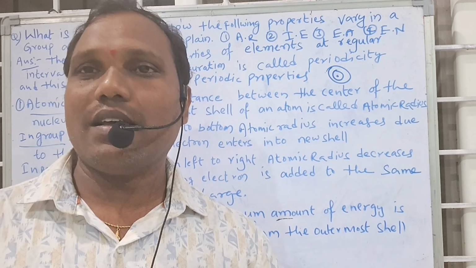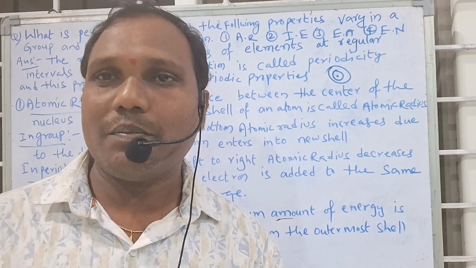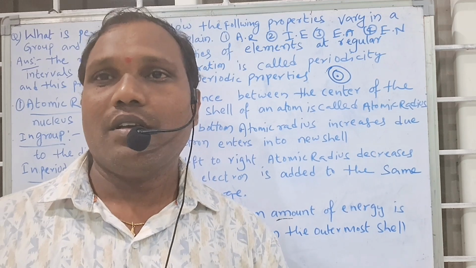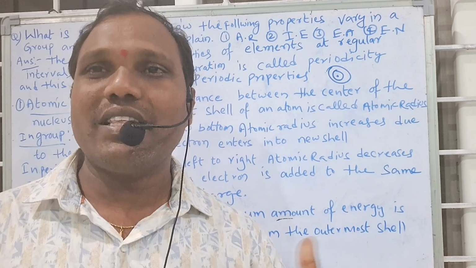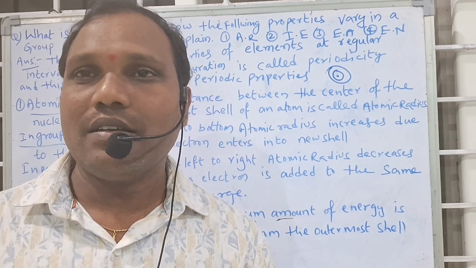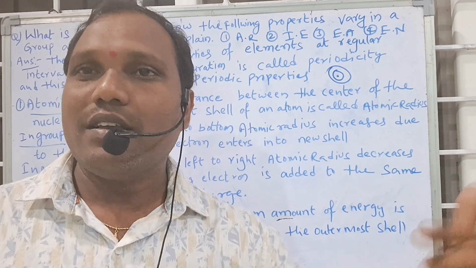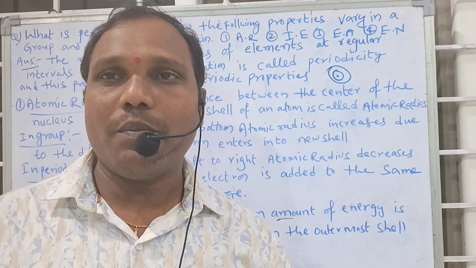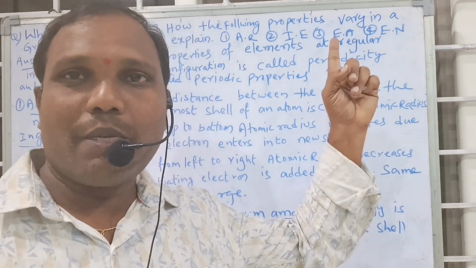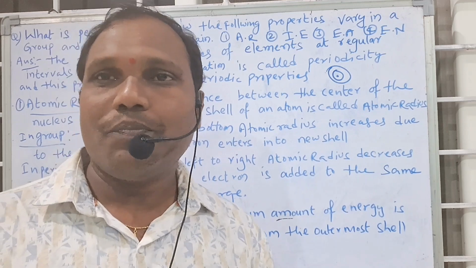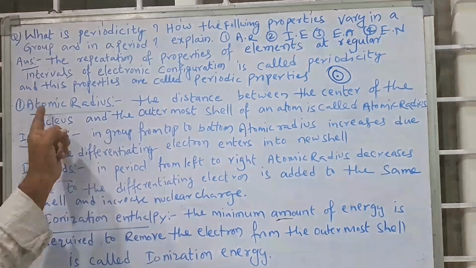This property repeating itself is called periodicity, and this property is called periodic property. From these properties, the first one is atomic radius.